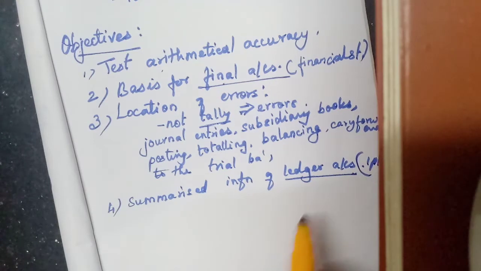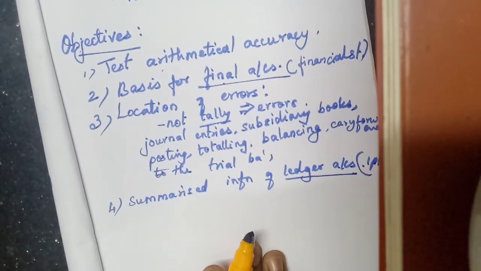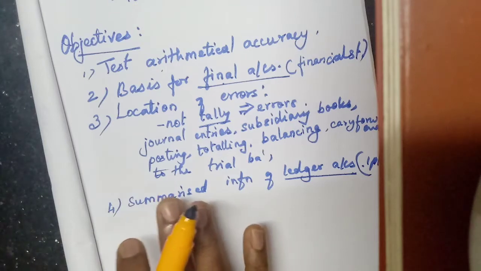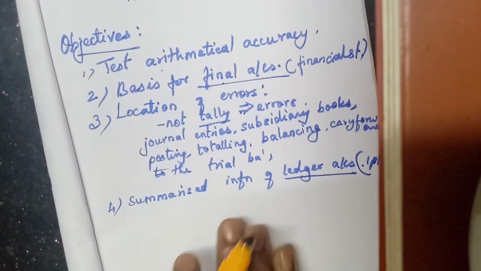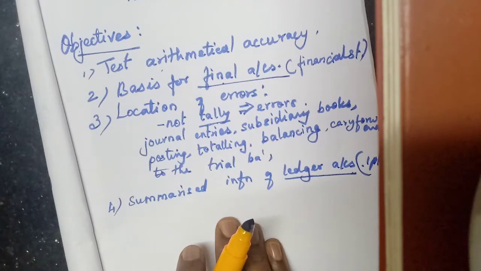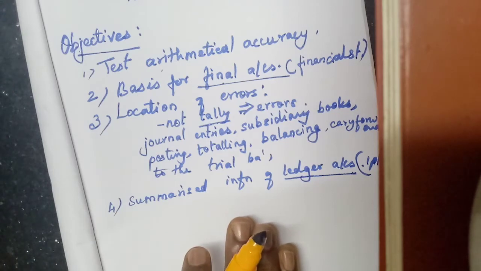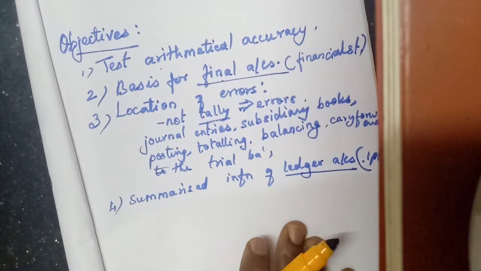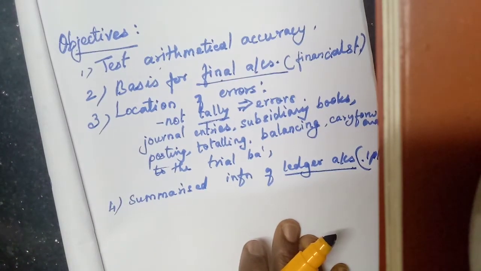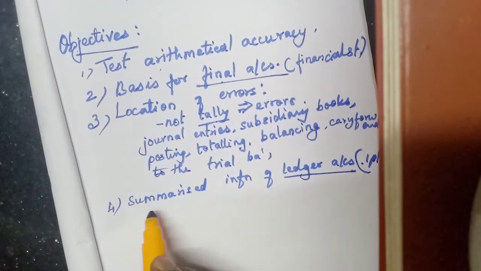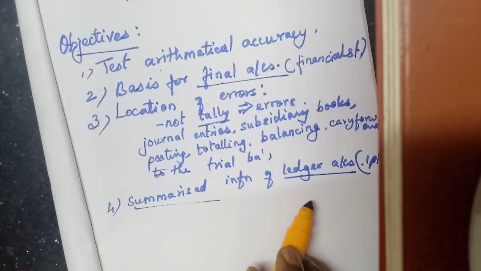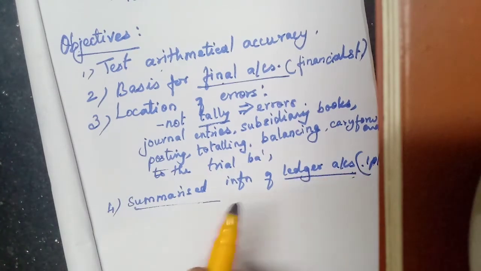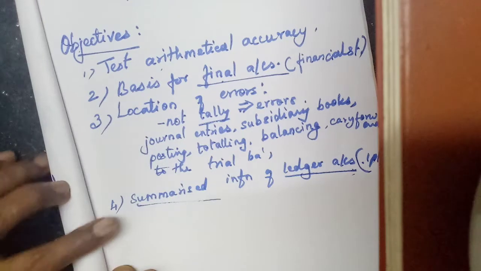That is called the trial balance. How much are the purchases this year? This much. The balance of purchases, the balance of sales, the total sales, cash and credit sales everything together, we could see. So summary information of all the ledger accounts is given in one place, called the trial balance. All these are the objectives.